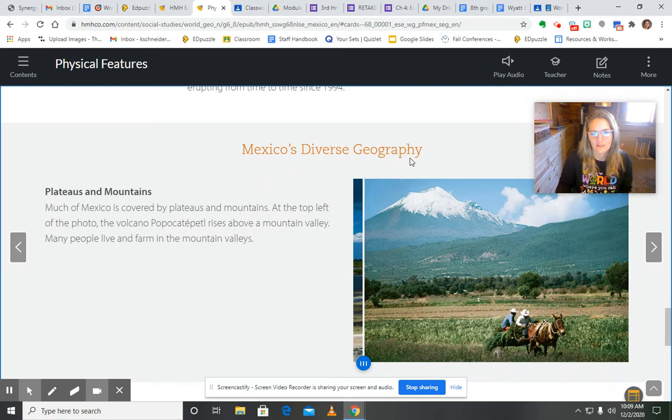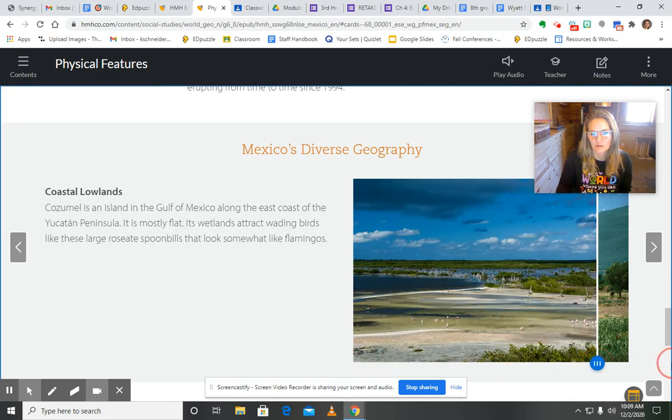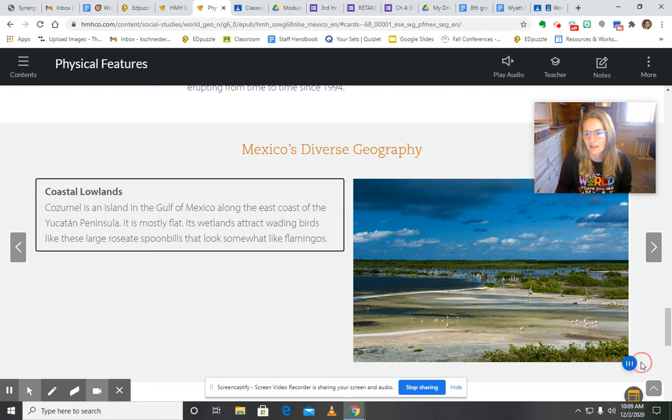So Mexico has diverse geography, plateaus and mountains and coastal lowlands. This is what it looked like in Cabo when I traveled there with my husband. Lots of lowlands. There were bird reservoirs. You could see there are birds here.